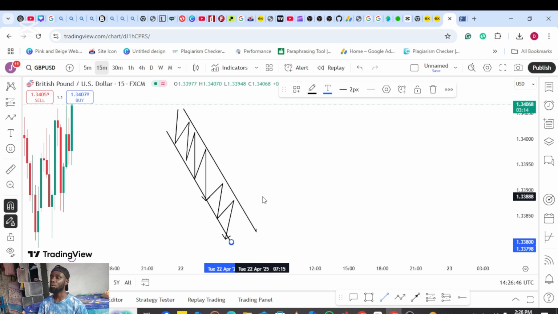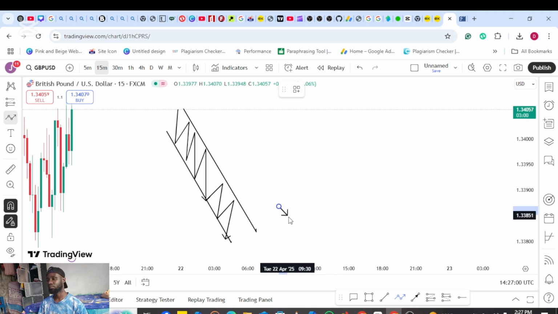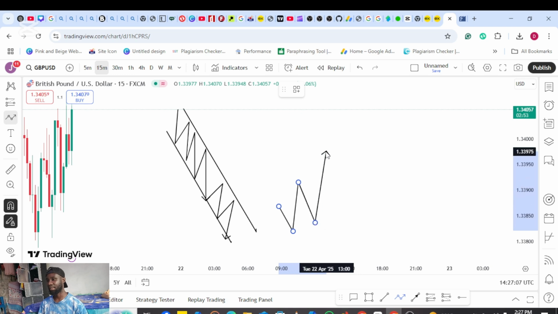Okay. How will you know that this market or this structure is going to change to an uptrend? First of all, you will see two major higher highs, like this.